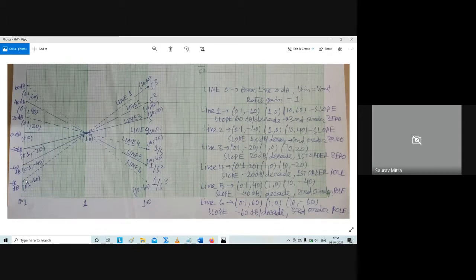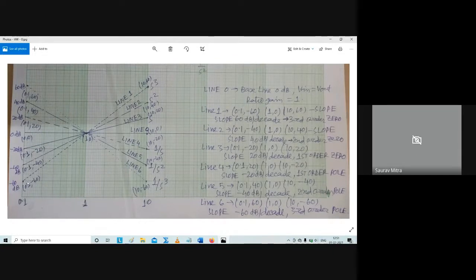So in 1 decade it rises by 60 dB, because this is the S cube line. Whenever I say S cube line, that means it is triple slope. For every S, it rises by 20 dB per decade, so for S cube, it will rise by 60 dB per decade. You can find here it is minus 60, and here it is 0 dB. So how much is the difference on the y-axis? It is 60 dB.